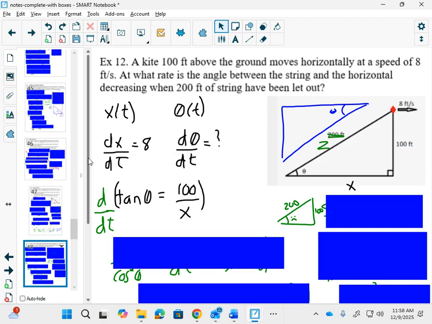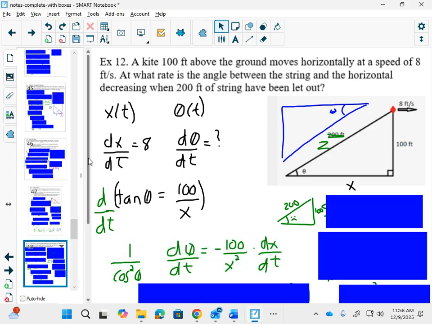This could be a non-calculator question. Let's check it out. So we take our derivative. Derivative of tan is secant squared, which you could write as 1 over cos squared theta.